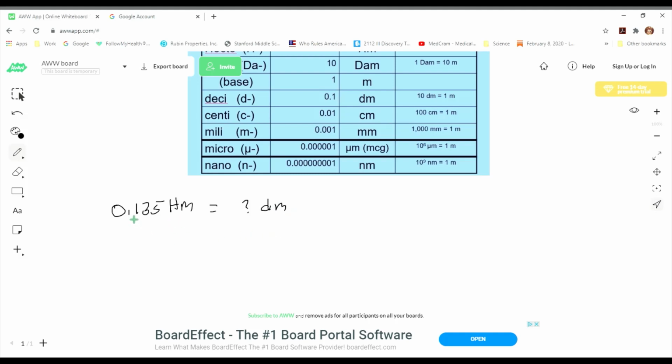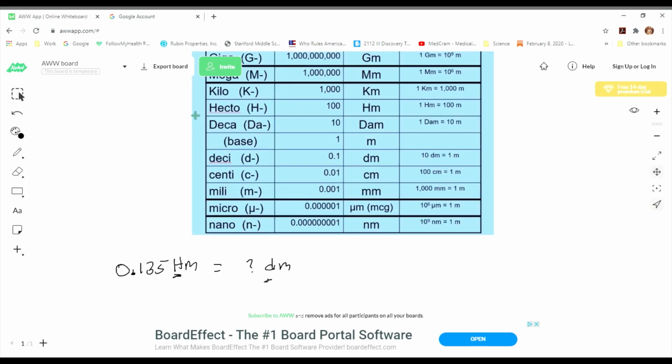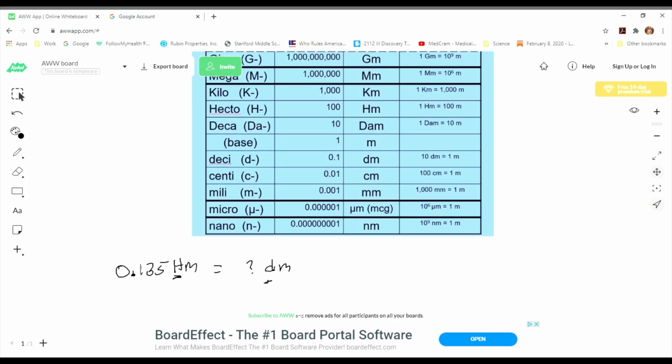So our first unit here, we're not even going to be with the base unit. We're going to start off with hecto units and then go to deci units. So that's where we go over here and use this. So you find hecto and deci on this chart. So here is hecto right here.